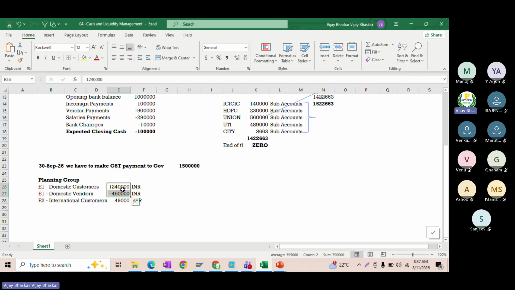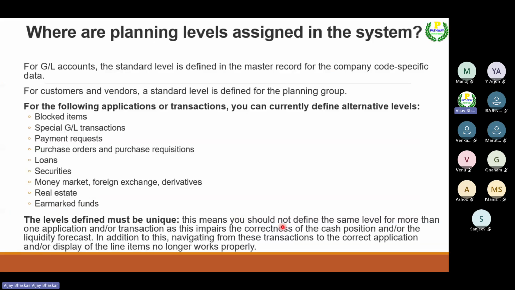The actual balance for this customer could be only 12,40,000, though the same planning group we have mapped here for domestic vendors also. This is the incoming, this is outgoing. Your planning could be inconsistent. It's not accurate. So that is the point which is being talked about here.